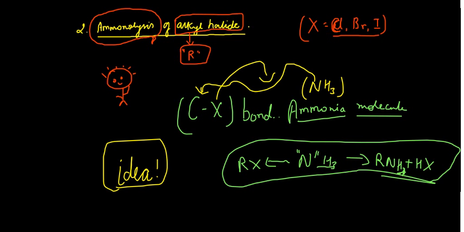Now we are going to see how we form the higher degrees of amines. Let's take a chain-wise reaction. We are going to start with the 1 degree, which will be easy and convenient for us to learn.